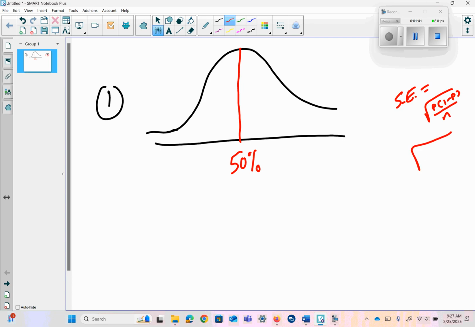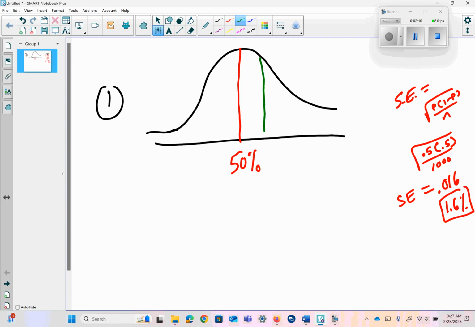So 50% is 0.5. 1 minus 0.5 is 0.5. And we'll divide that by 1,000. And if we do this correctly, it should come out to 0.016 is our standard error. And again, remember, we're putting the standard error in place of the standard deviation because we're dealing with a sample. Okay? So this is the same thing as 1.6%. Agree?